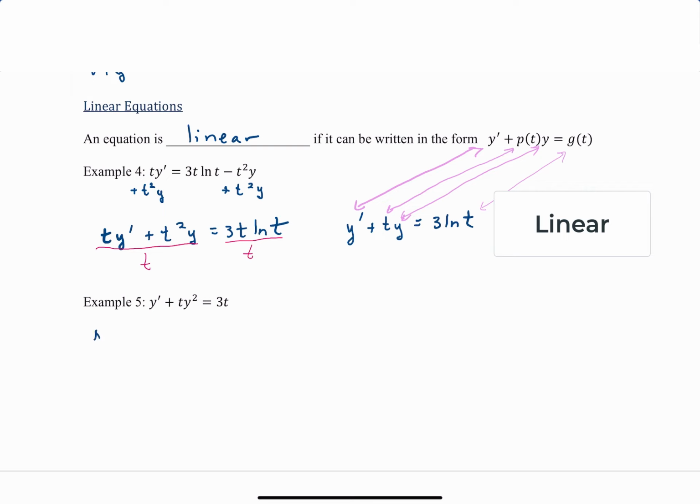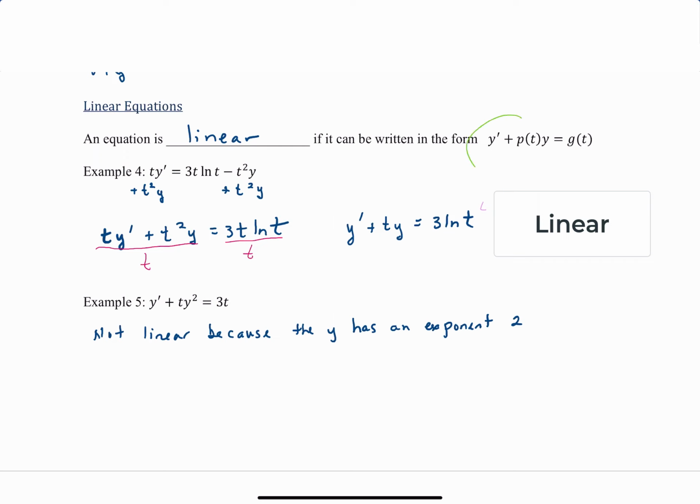It's not linear because the y has an exponent. And in our format for linear differential equations, there cannot be an exponent on the y. Similarly, you wouldn't be allowed to have an exponent on the y prime term either.